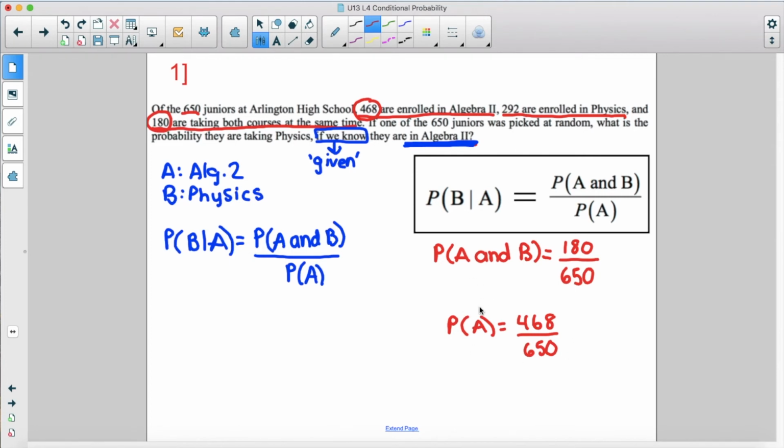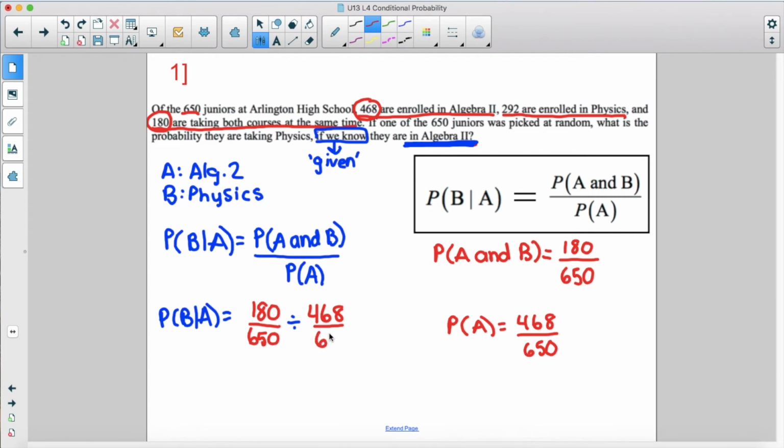So now that we have both of these pieces of information, let's plug it back in. So the probability of B given A is equal to, the probability of A and B is 180 over 650. Now we have a fraction. This means, since we're dividing, we're going to be dividing fractions. Whenever we divide fractions, I like using the division symbol because that kind of helps me remember that we need to use keep, change, flip.